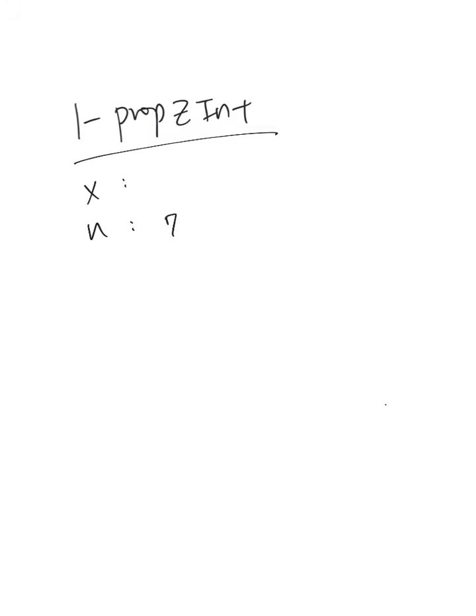Now let's take a look at how we can use 1 prop z int, the calculator function, for this example. So take out your calculator and go to 1 prop z int, right? In there, you're gonna need to type the values of x and n. Now n is given to us, so that's not a problem, 785. But remember, x value was not given to us, right? So what do we do here?